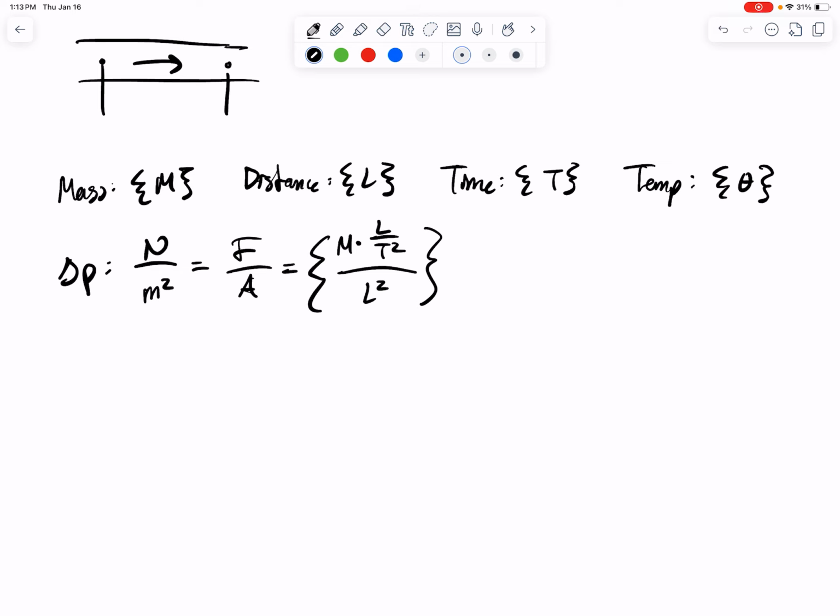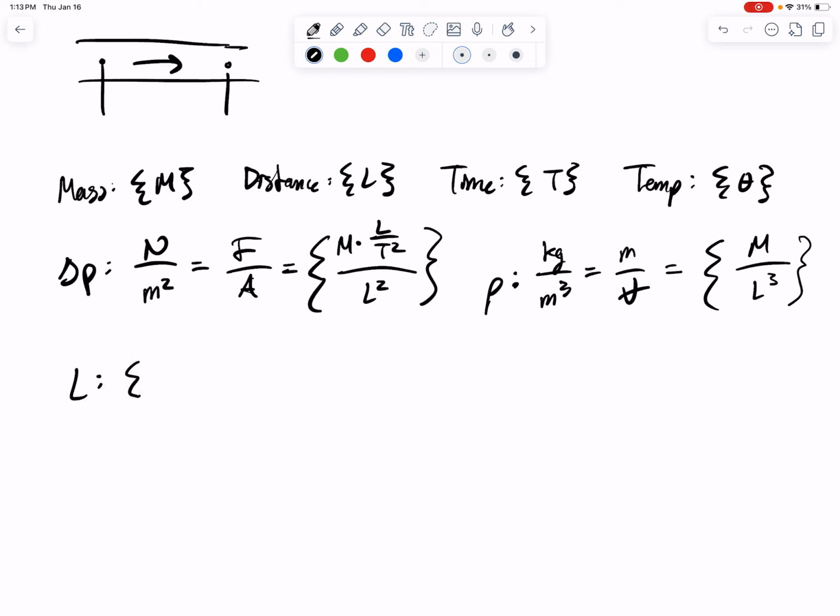Next up is density, rho. For rho, we have kilograms per cubic meter, which is mass per volume. And in terms of dimension, it's M over L to the power of 3. We have length, it's just L. And for velocity, that's meters per second, and that would be L over T.